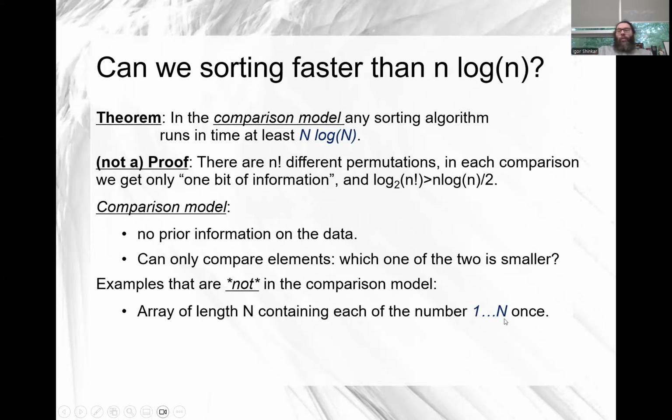In fact, this can be sorted in linear time. Another example, let's say that I know that my array contains only numbers from 1 to 100. Maybe the array is huge, like 1 million elements, but all numbers are only between 1 and 100. In this case, we can also sort it in linear time, in order n time.